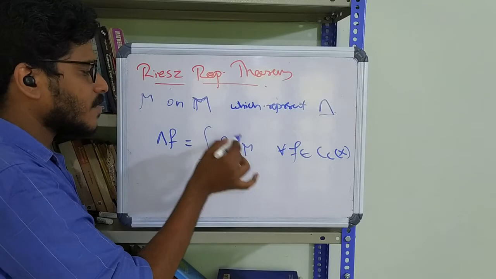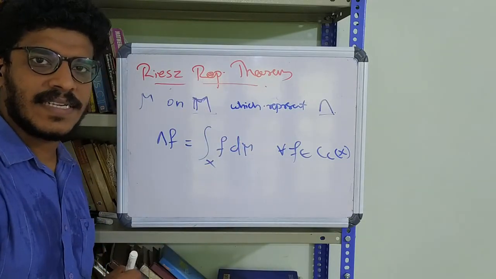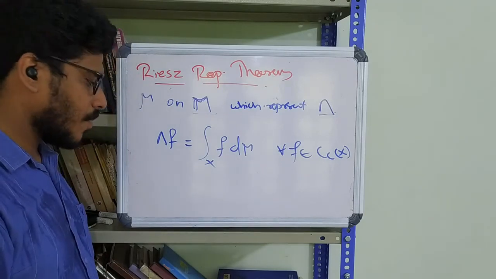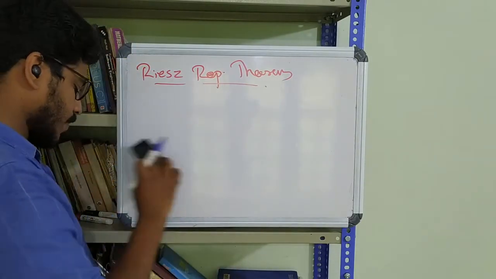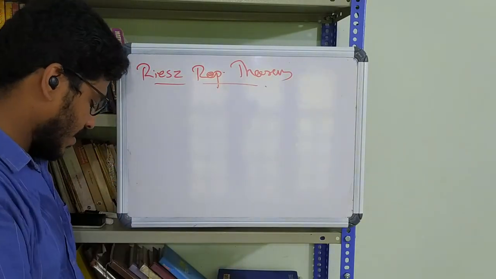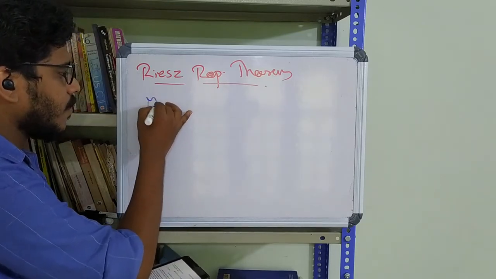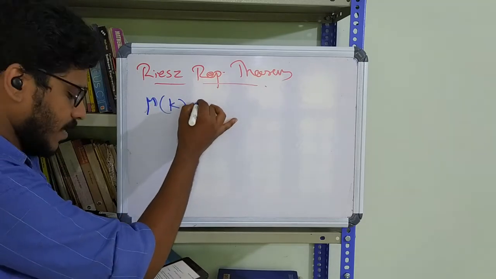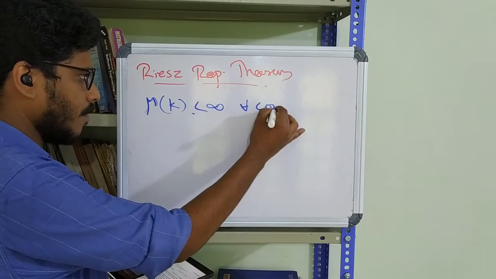That mu comes from the sigma algebra M, which contains all the Borel sets. Moreover, this representation has some additional properties, also ensured by the Riesz representation theorem, and they are that the measure of K is finite for every compact K.